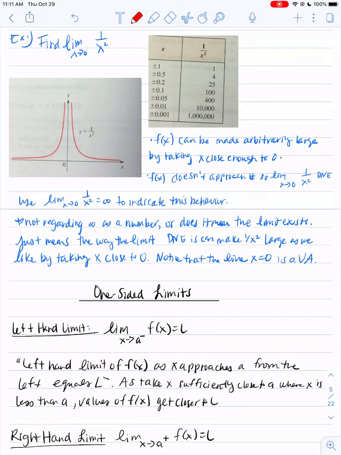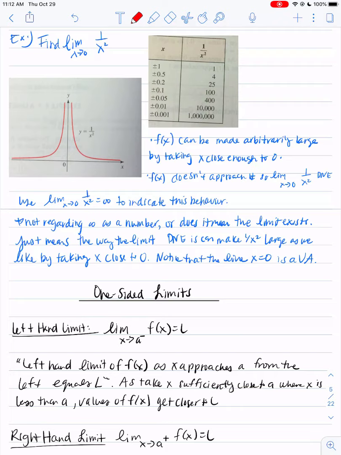So we're not regarding infinity as a number, and it doesn't mean that the limit exists. It just means that the way that the limit does not exist is because we can make 1 over x squared as large as we like by taking x close to 0. So it's basically just saying it goes to infinity.